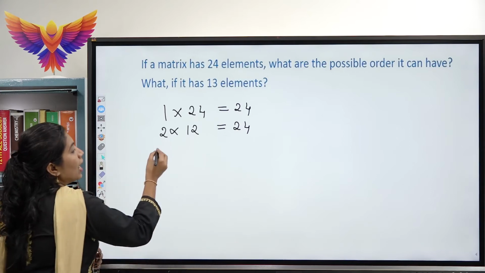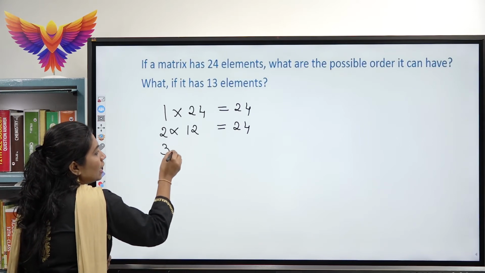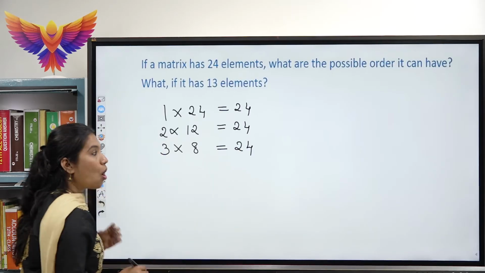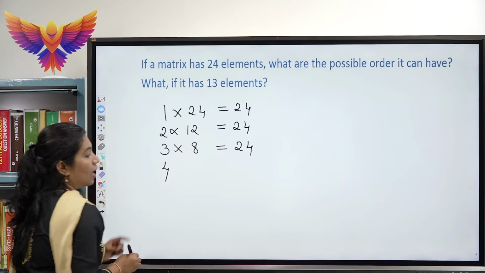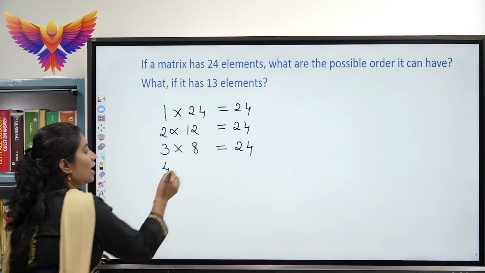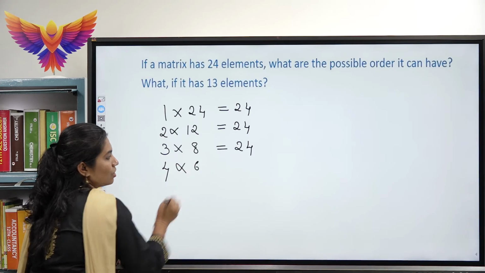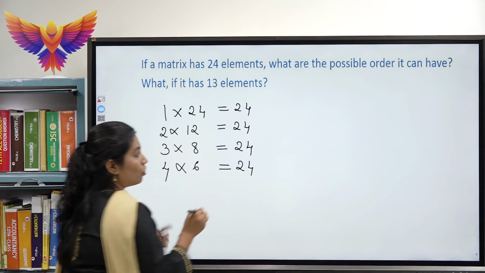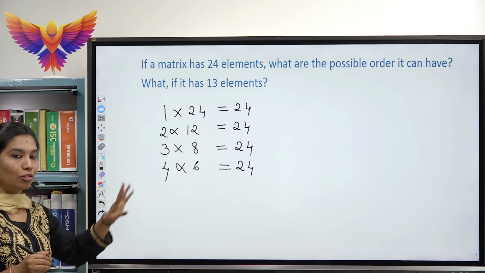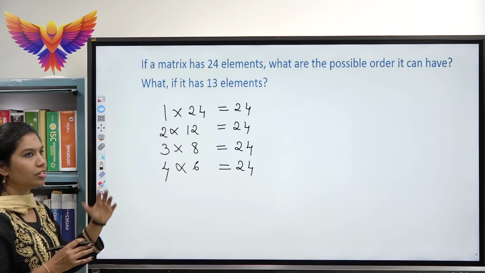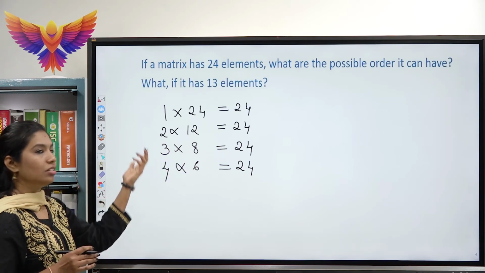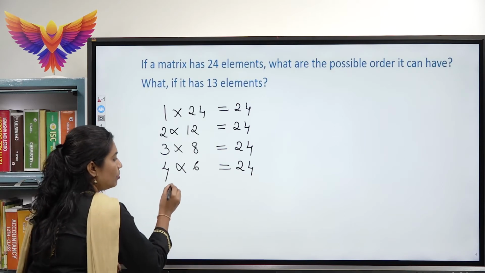And the same way, I can write it as 3 into 8, which gives me 24 elements. Or I have another option: I can have 4 rows and 6 columns. This will give me 24 elements. Not only these 4, the next 4 can also be possible. I just have to reverse them and find out. I can have 6 rows and 4 columns. I can have 8 rows and 3 columns. That option also will be possible.